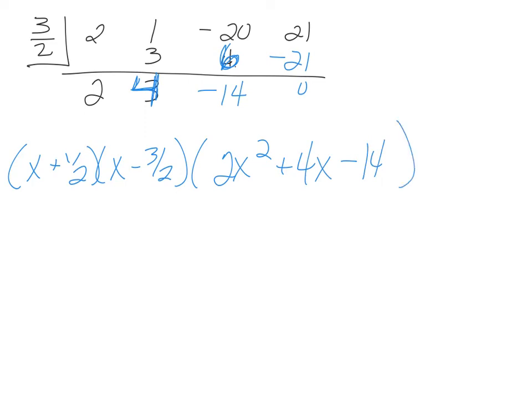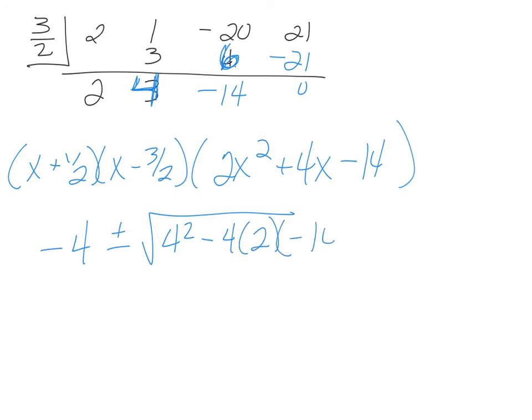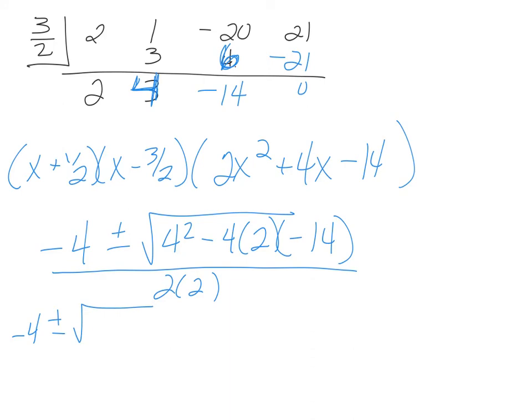And a quadratic formula. Negative b plus or minus the square root of b squared minus 4 times a times c, all over 2a. So -4 plus or minus the square root of 16 minus 4 times 2 times -14, 128, all over 4.